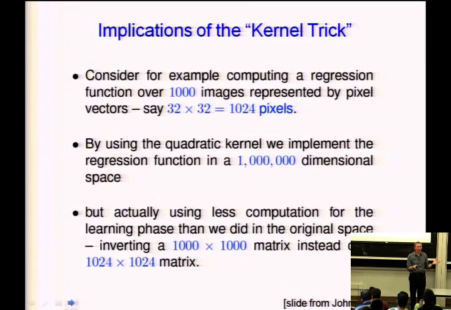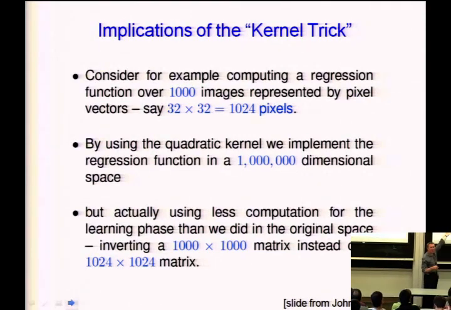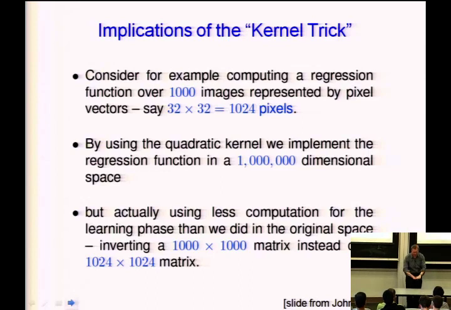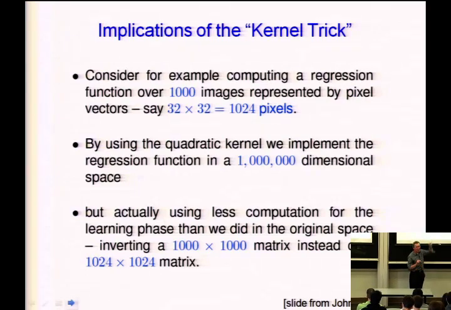And now you see the beauty of the dual formulation combined with the kernel. Because now when I solve this as the dual formulation in the base space, using, instead of dot products, dot products squared, first of all, if I have 1,000 training examples, my X transpose times X matrix is 1,000 by 1,000, whereas my number of features by number of features matrix is 1,000,000 by 1,000,000, so I already won there.